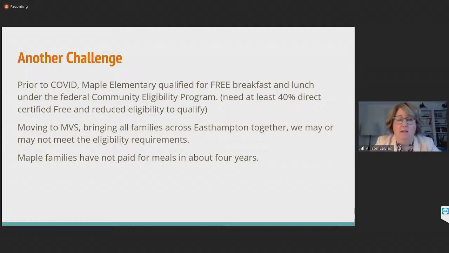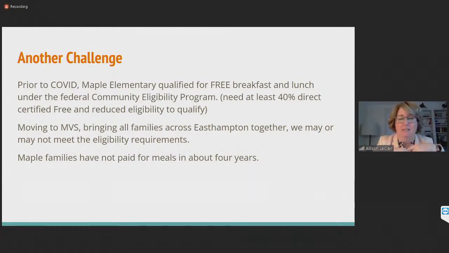And so Maple Elementary School probably has not paid fees for lunches in at least 4 years. So this is going to be a shock to the system for every Maple family that's now going into Mountain View. But the other caveat is if Maple stayed at Maple, they would probably continue to qualify. But moving into the big school and now having children from across Easthampton changes the eligibility level.